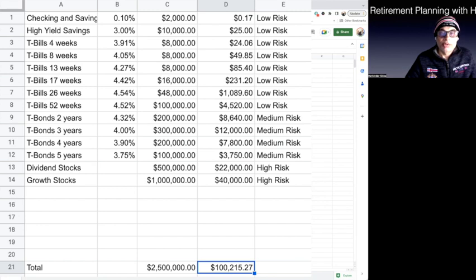If you don't have equal taxable and tax deferred accounts, I will still advise that you have all the growth stocks, both dividend and growth stock, in your tax deferred account, and then the bonds to be like long-term bonds in the tax deferred account, and then you should use strips instead of T-bonds in your tax deferred account, while in the taxable account you should use T-bonds, treasury bonds.